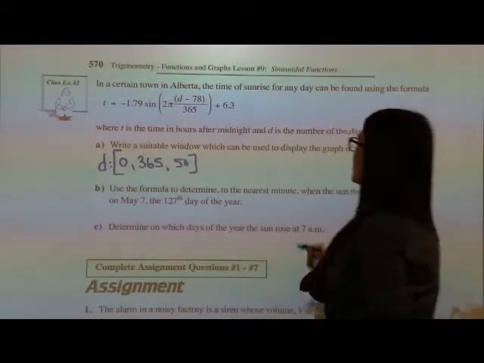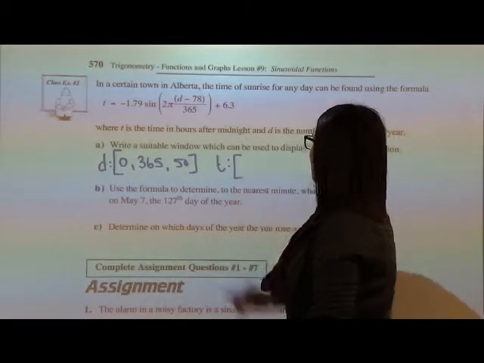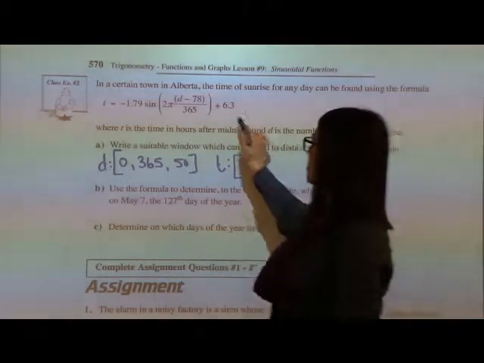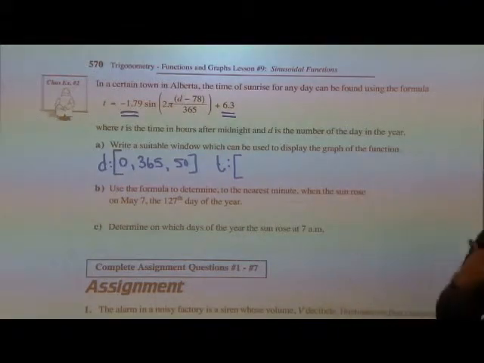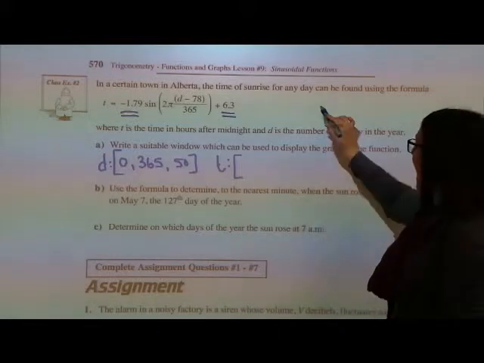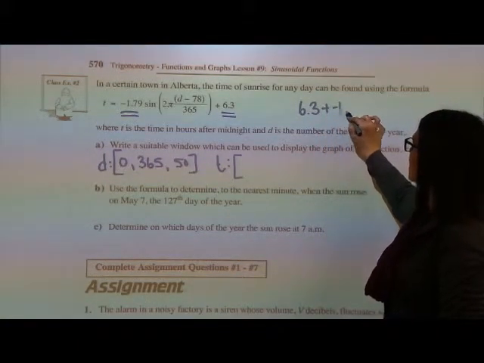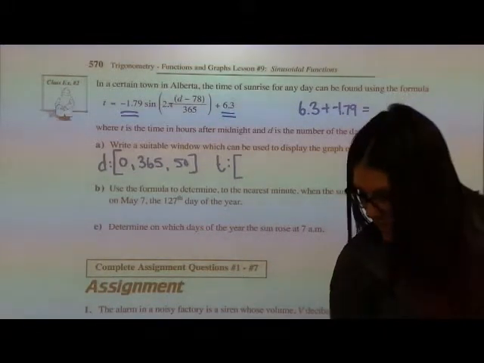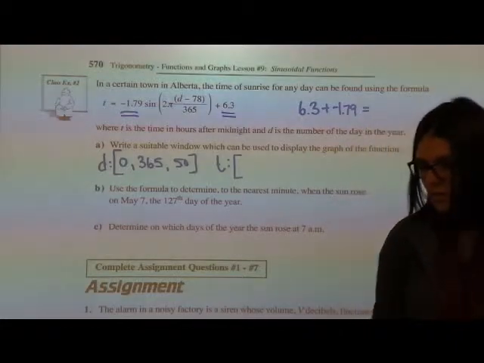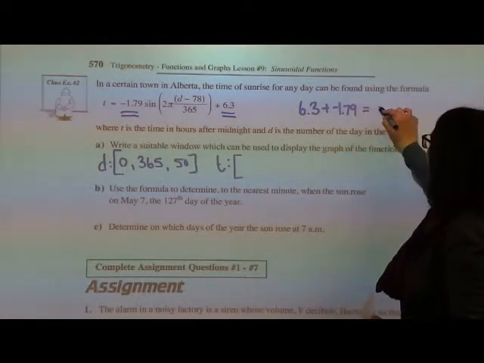Okay? Now T is the time. So remember, I can use my D value and my A value to help me find the min and the max, which can help me find some suitable time ranges. So if I add them together, D plus A, I would get 4.51.